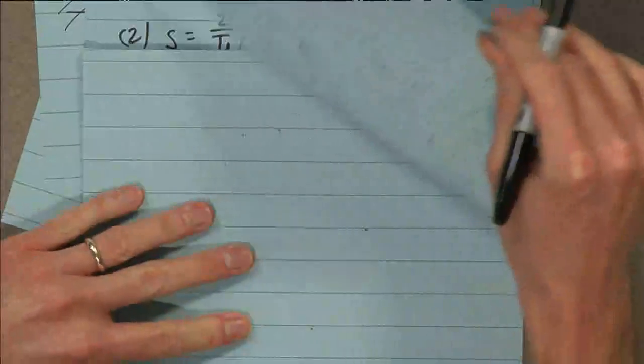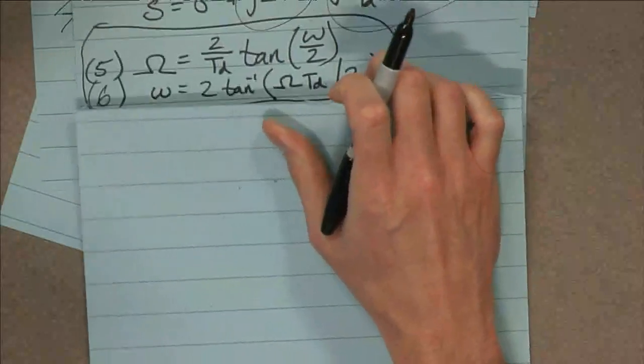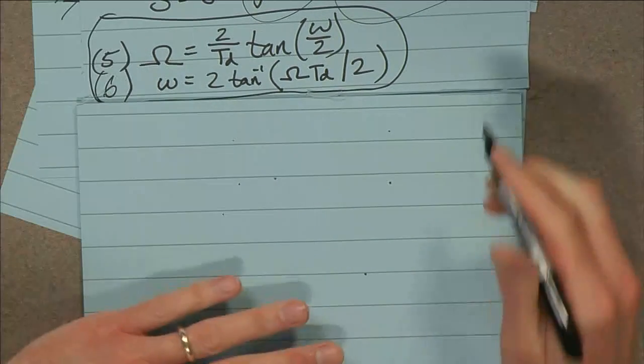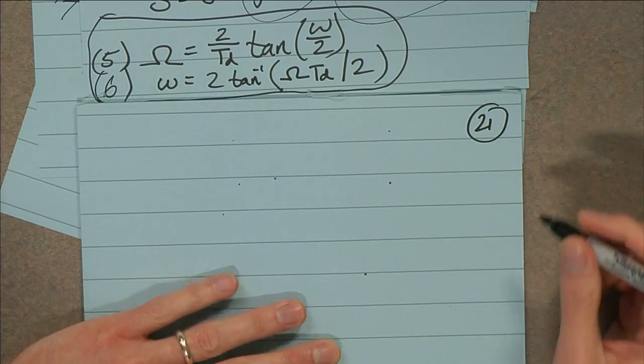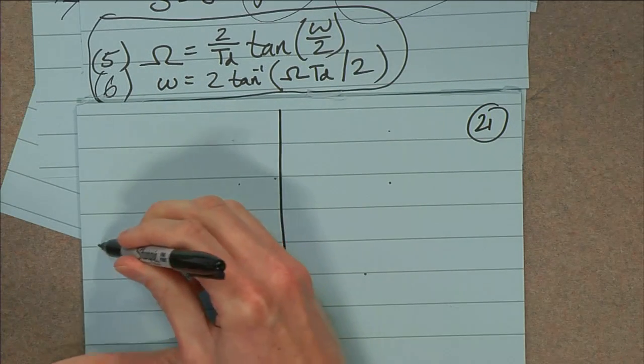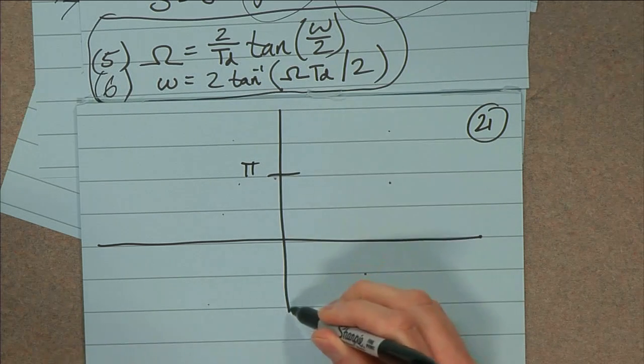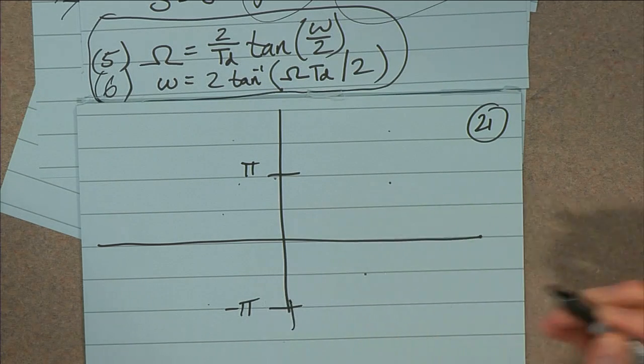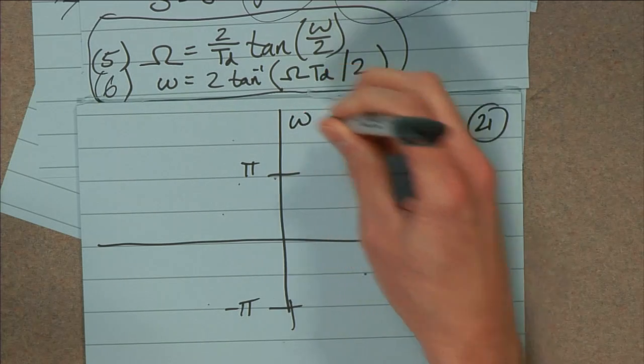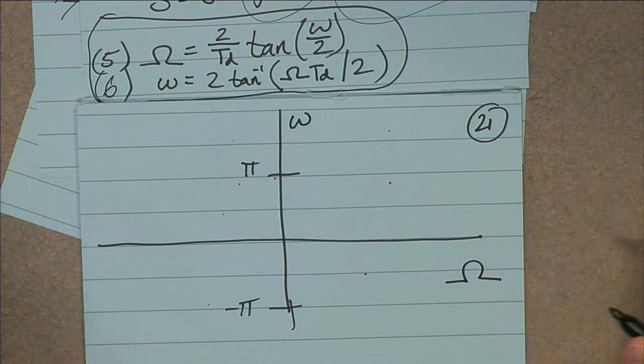So let's take a look at what's happening. As I warned before, pi, minus pi. This is little omega axis. This is big omega axis.